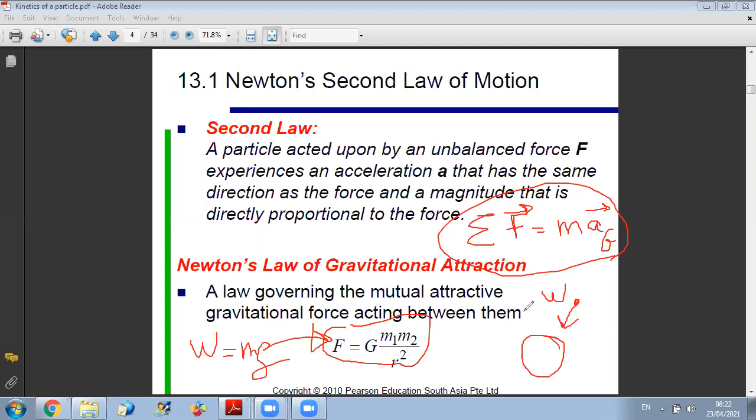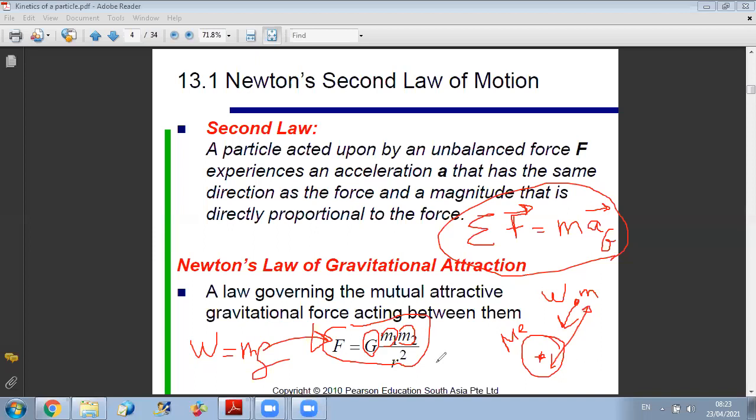Because if you apply this formula on the Earth, so this is the Earth, and this is any particle of mass m, okay? So if I consider in this formula, I have the gravitational constant times the mass of the first object times the mass of the second object over r squared, which represents the distance between the center of the Earth and the center of the particle. Okay, so this is r.